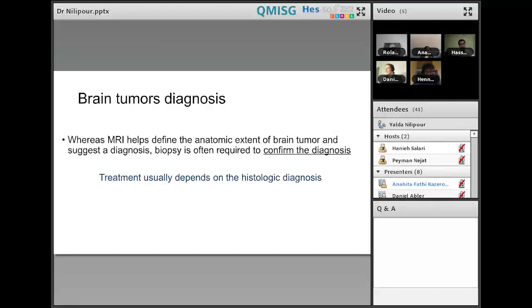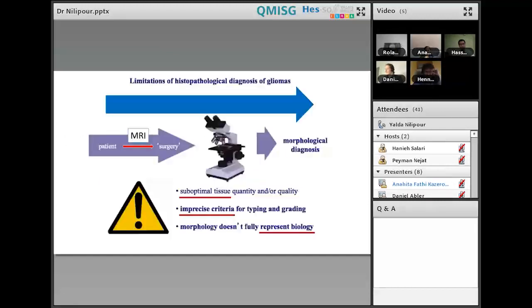But histologic diagnosis still has the main role for confirmation of the correct diagnosis. So still, with all these fantastic technology progresses, we need histologic diagnosis these days.